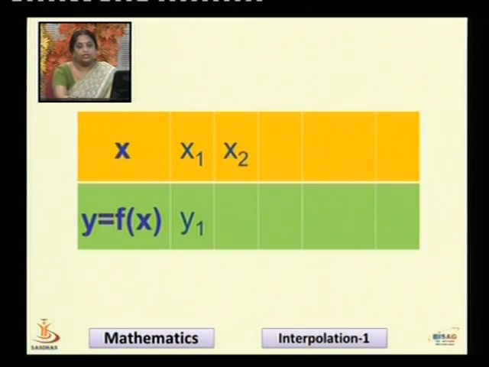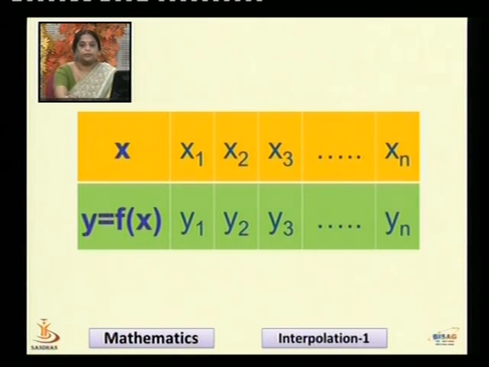Similarly, for the data point x2, we get y2 by substituting x2 into f(x). Similarly, for x3, substitute the value in f(x) and we shall obtain y3. So on and so forth. For xn, substitute the value in f(x) and we shall get the point yn.